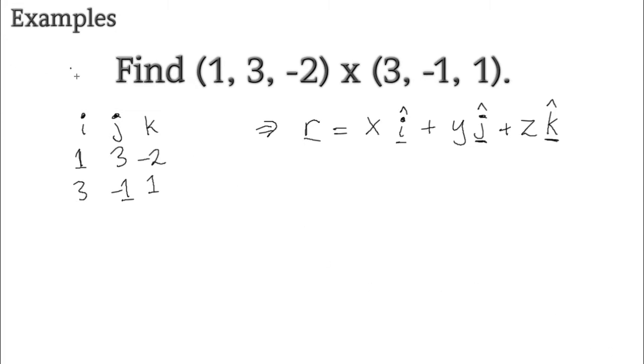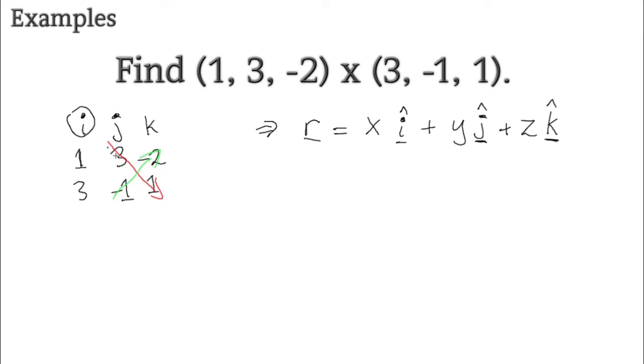Right, in order to get I, we need to do a cross kind of manipulation down this way, then up this way. So essentially you're making a cross loop, or you can go down as well, it doesn't really matter.